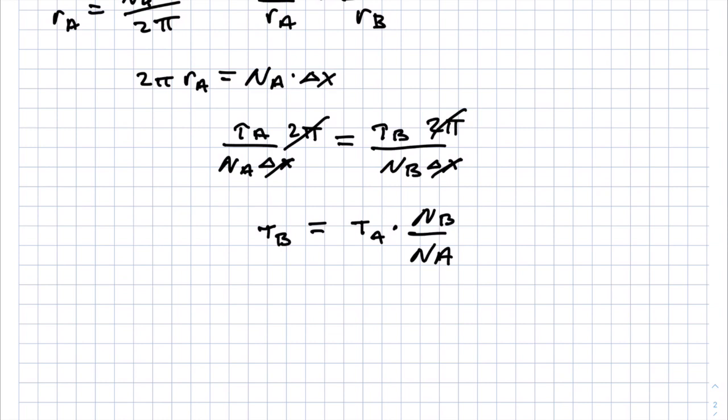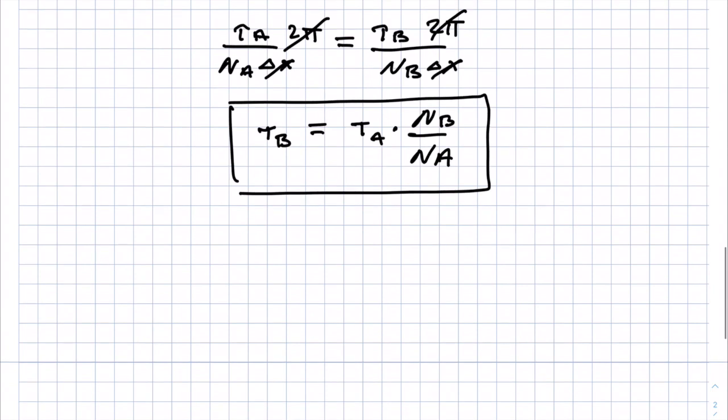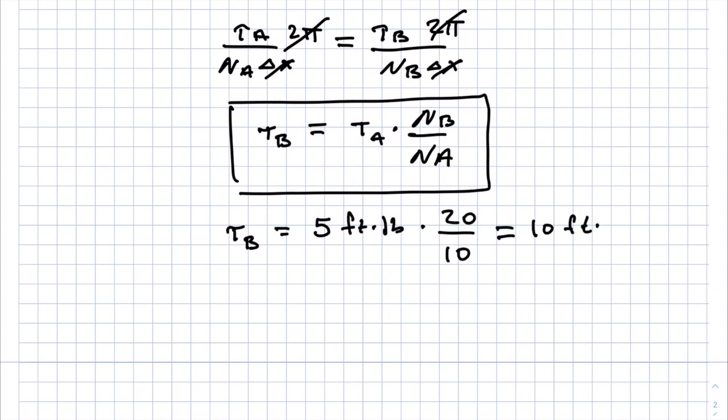So that's our torque equation, and so you see, if we wanted to know the torque for this particular problem, tau B is going to be the original torque, which is 5 foot-pounds, times NB, which was 20, divided by 10, and so the use of this gear translated the torque to make it larger.